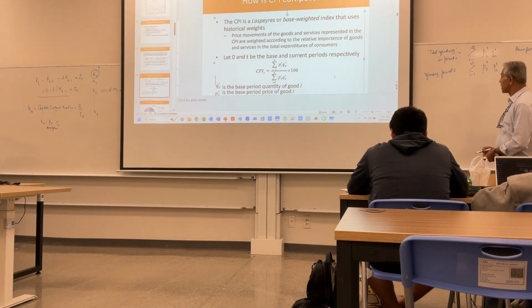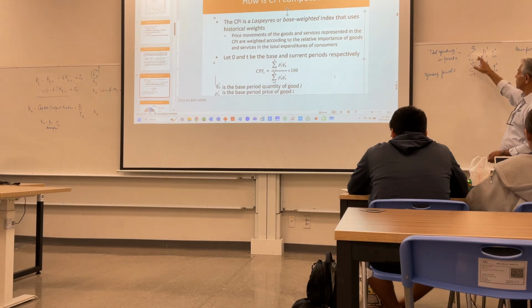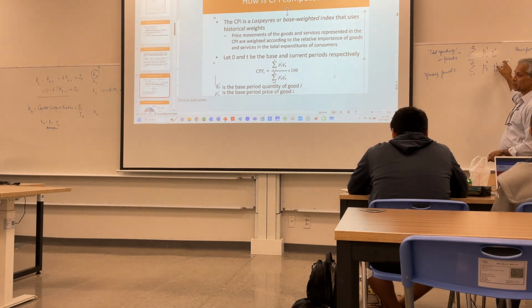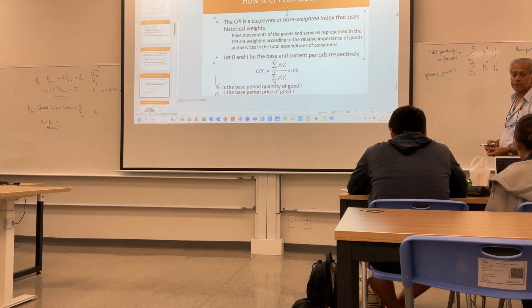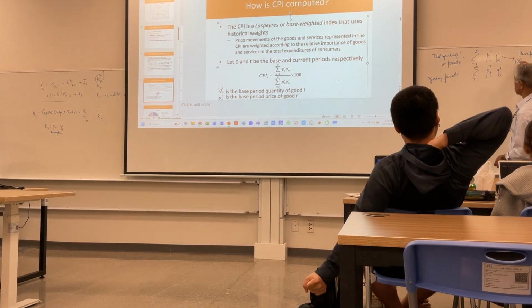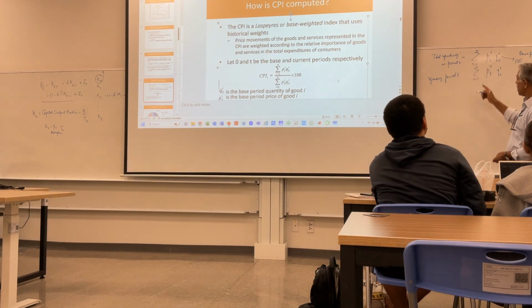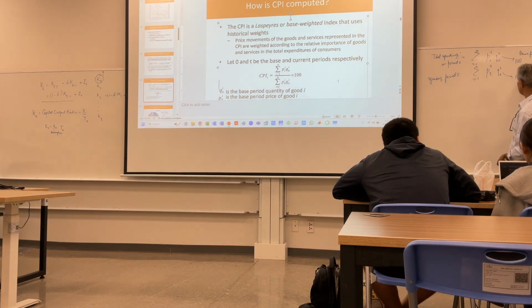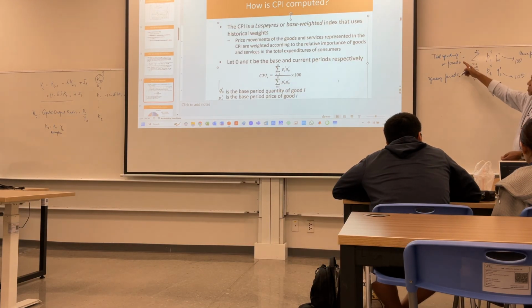It takes this spending, divides it by this spending, and multiplies it by 100. So in the base time period, this number is set to 100. If this number is 105 in time period t, it is saying that your spending in time period t is 5% higher compared to your base time period on the same set of goods.